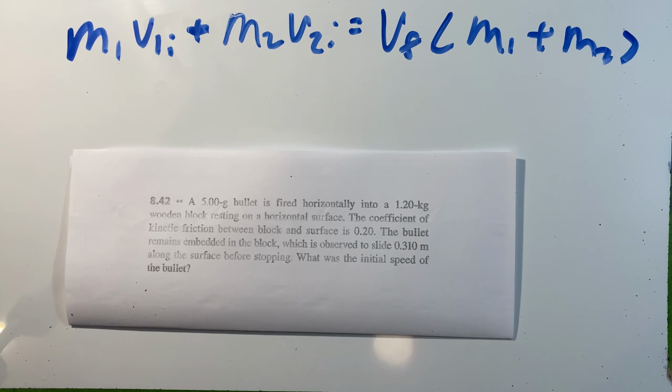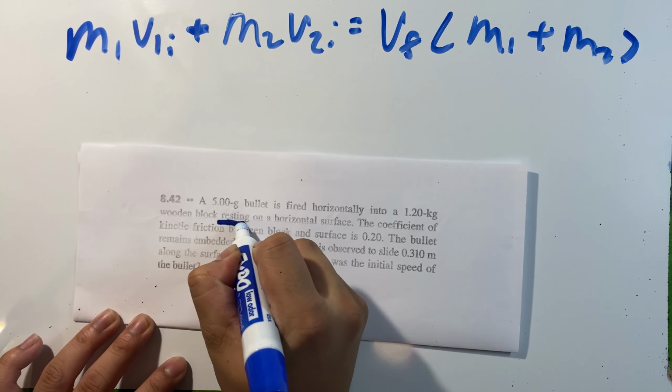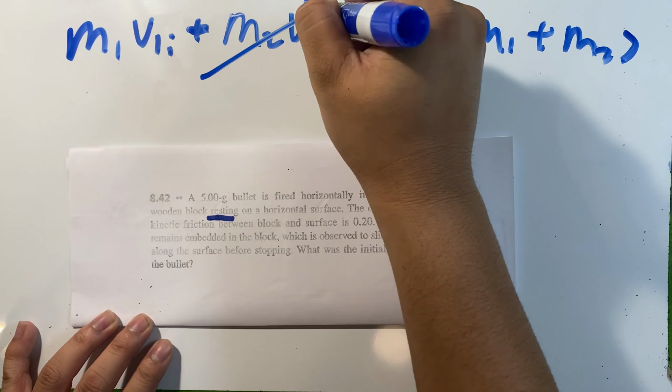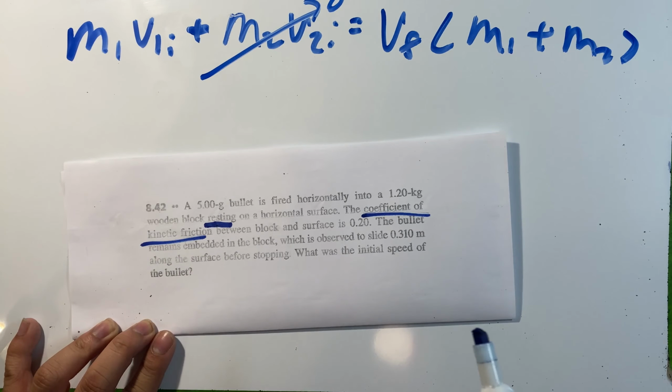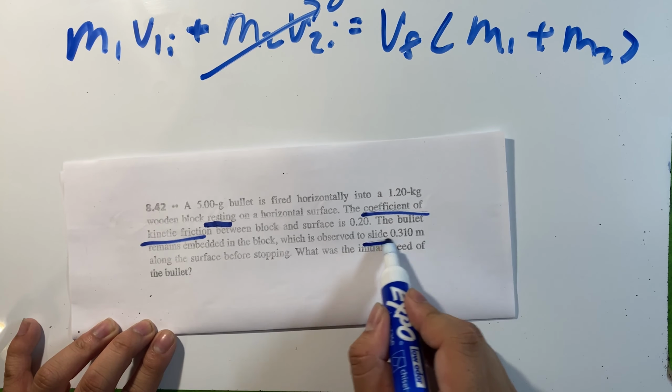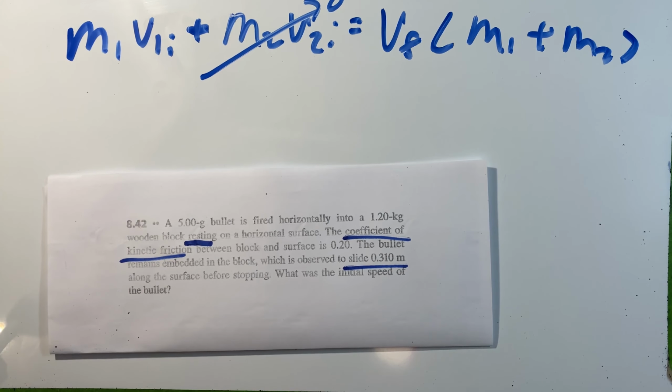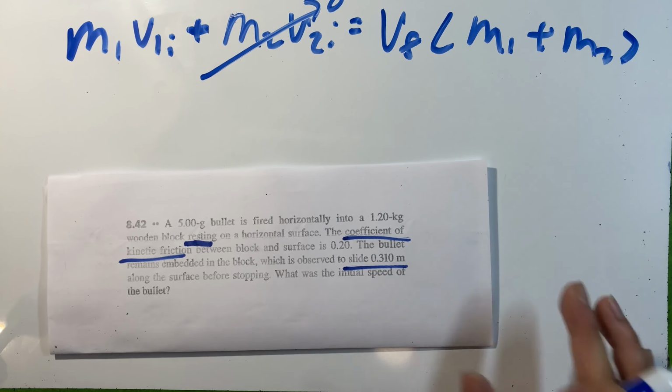So, okay, first off, if the wooden block is resting initially, that means this is 0, right? And we also have a coefficient of kinetic friction. We also have a slide, and that really makes me think, we have something with a force and something with movement.